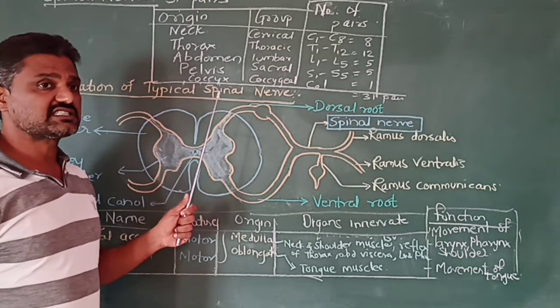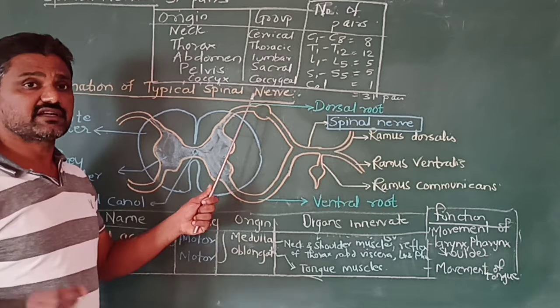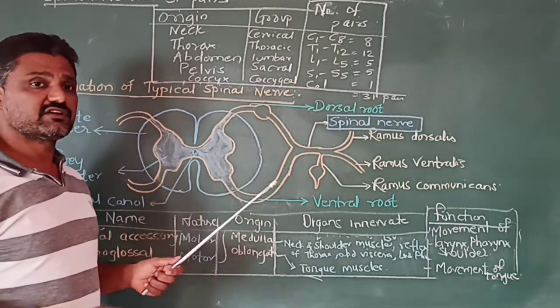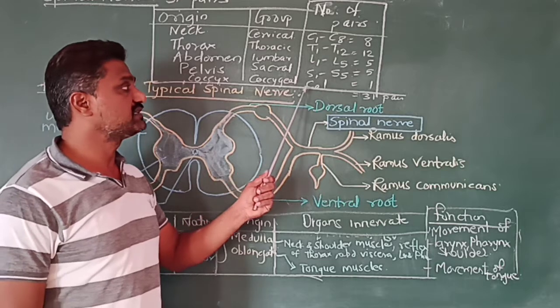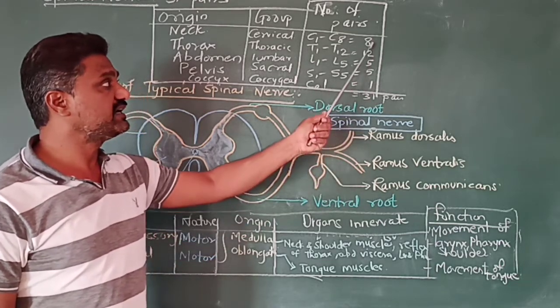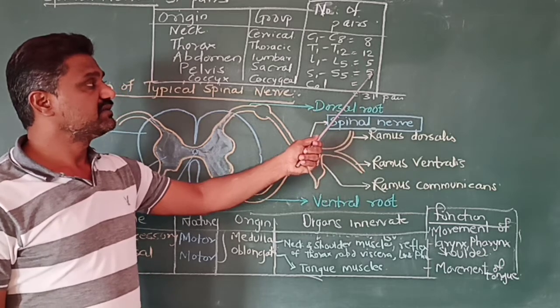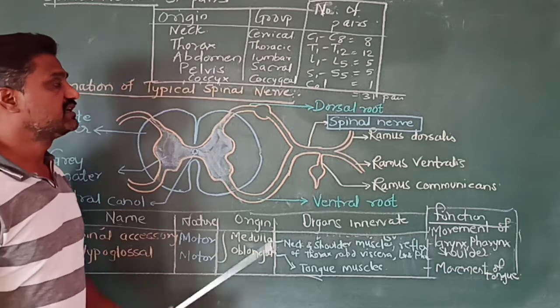And finally, at the base of the sacrum, between the sacrum and coccyx, there is a single pair of nerves, the coccygeal group. Coccygeal 1, one pair of nerves, so 1. Overall 12 and 8, 20, plus 5, 25, plus 5, 30, and 1, 31 pairs in total.